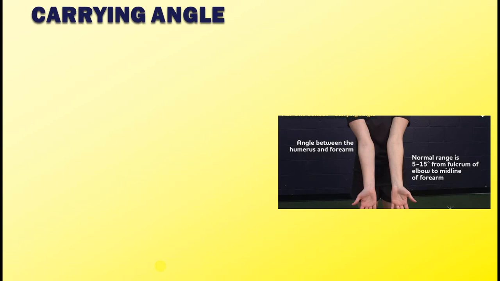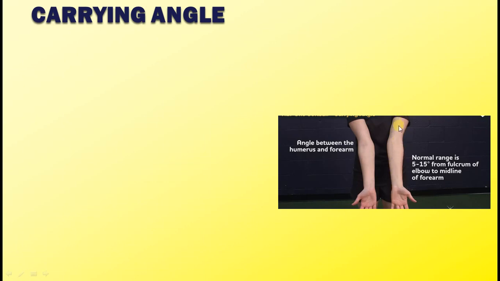So now we will come to one more concept of this elbow joint, which you see here as the carrying angle. So what is actually the carrying angle? When you look at the long axis of the arm and the long axis of the forearm, they are not in a straight line.